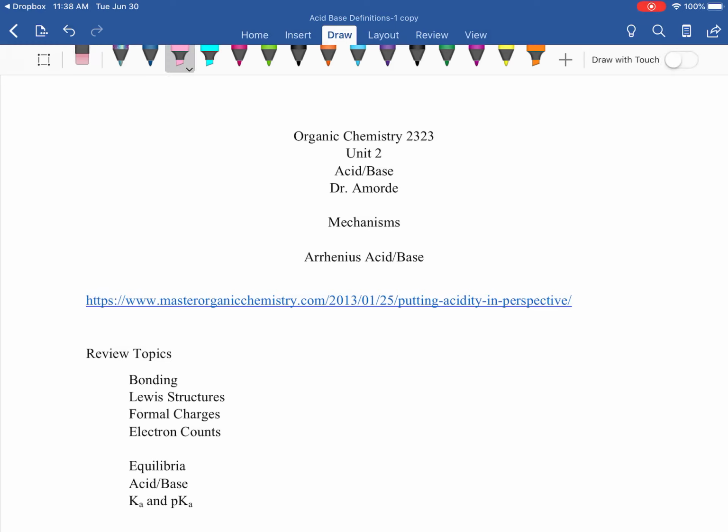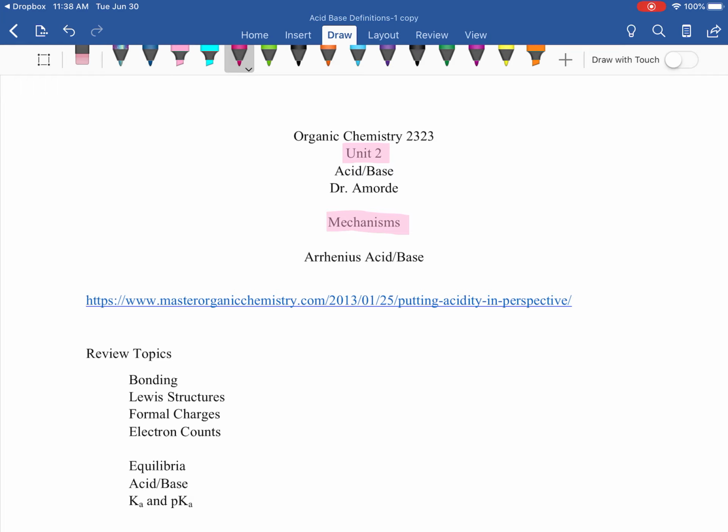We get to start one of my favorite topics in our Unit 2 section, and that is something called a mechanism. Now, there's a method to my madness. I would like to start mechanisms, which are a huge area of organic chemistry. In fact, they will be a third to a half of all of our next exams, as well as our exams in OChem 2.